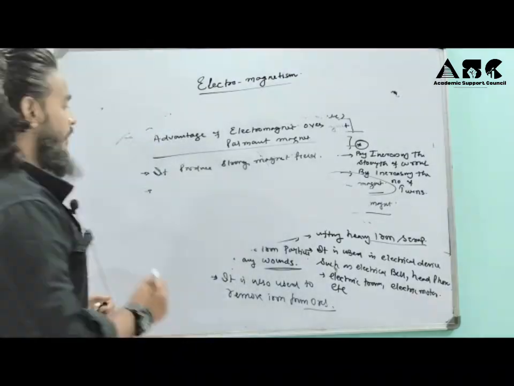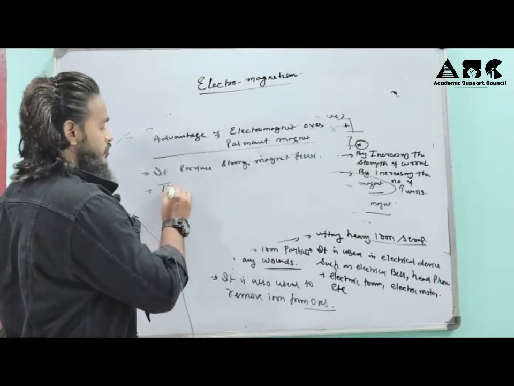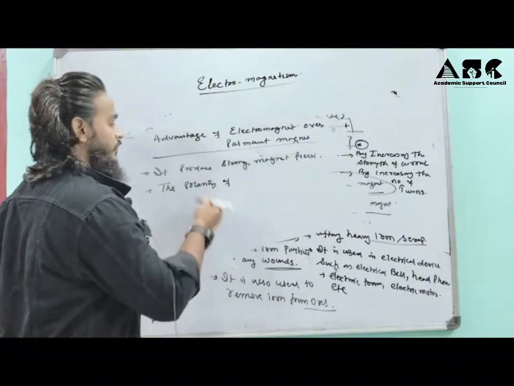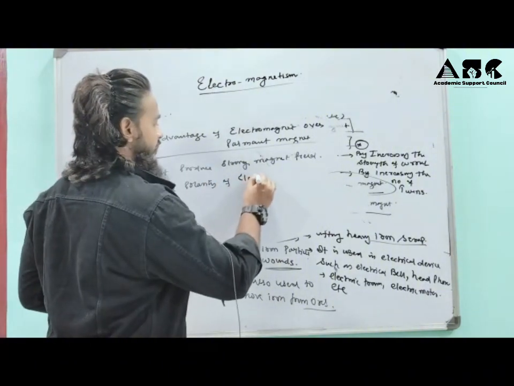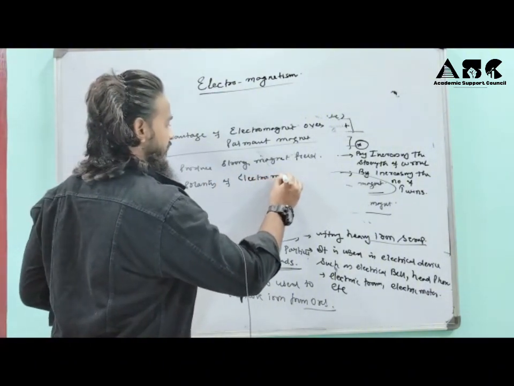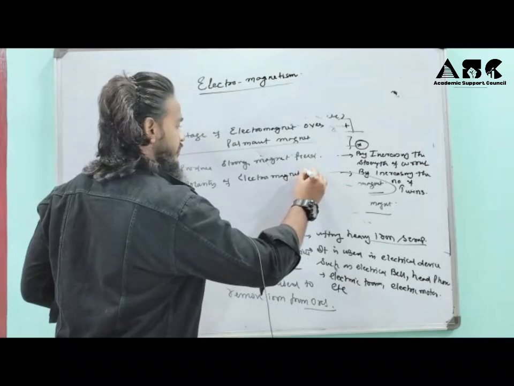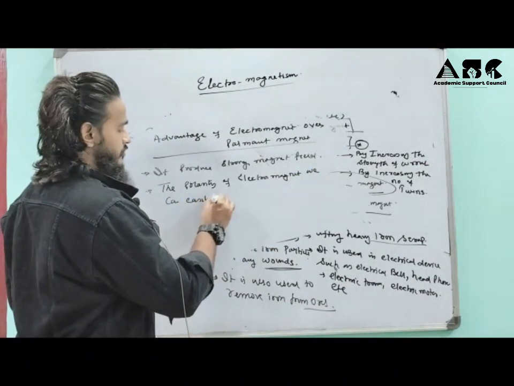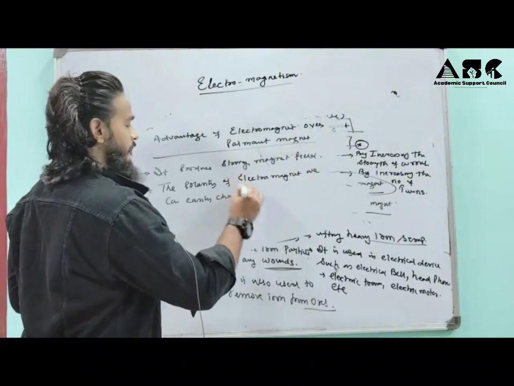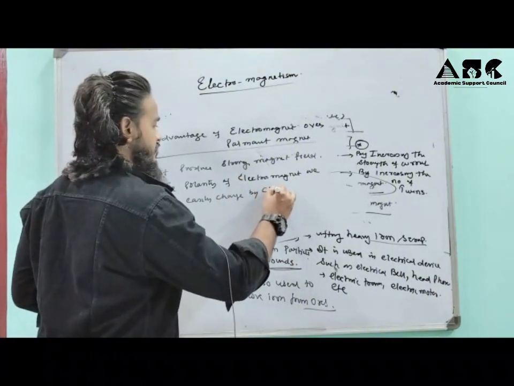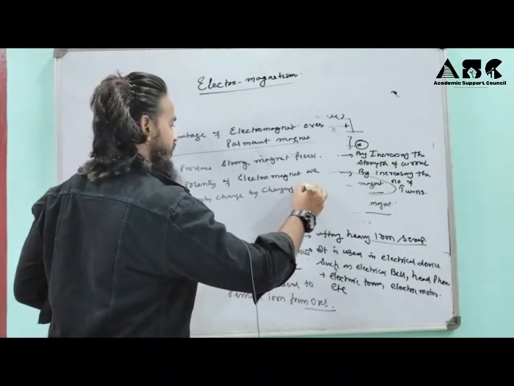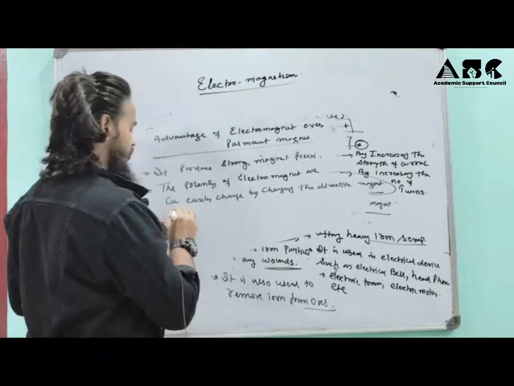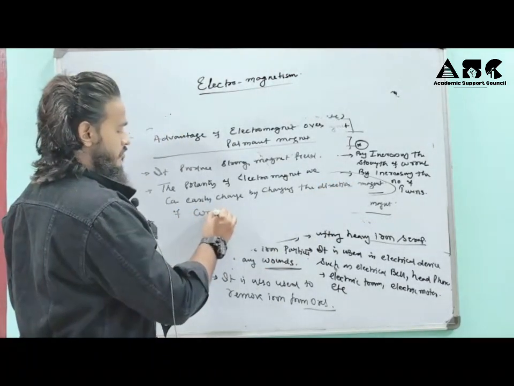Number two, the polarity of electromagnet we can easily change by changing the direction of current.